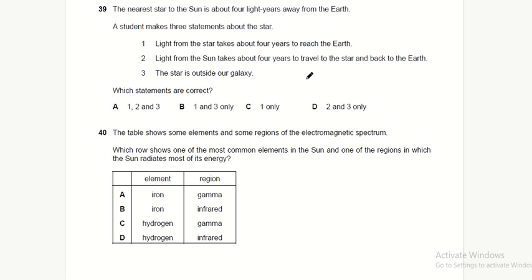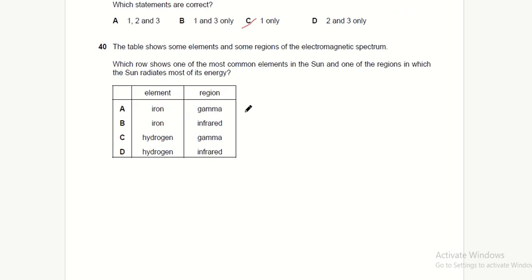And a star 4 light years away from us doesn't mean that this star is necessarily out of our galaxy. It is certainly in our galaxy. So it means only that it takes 4 years for the light to reach us.